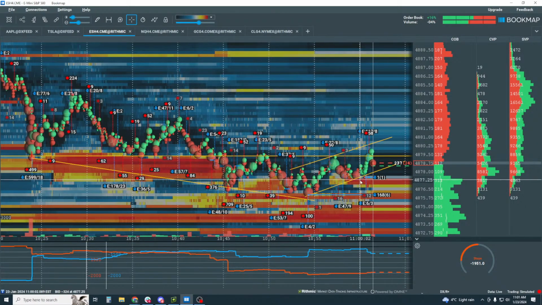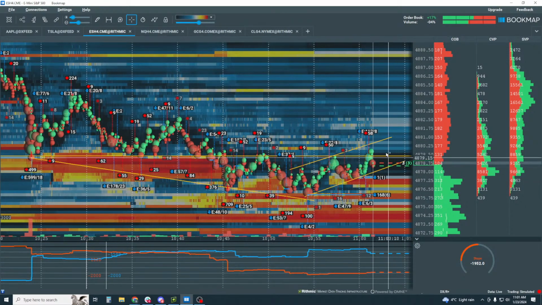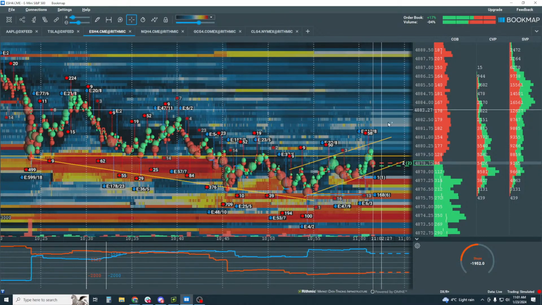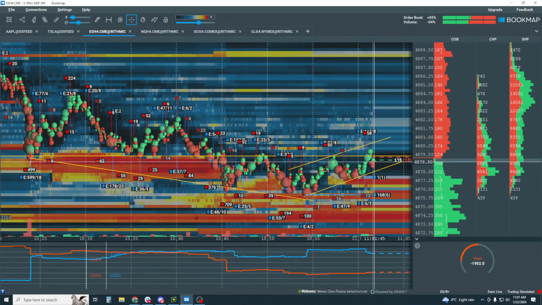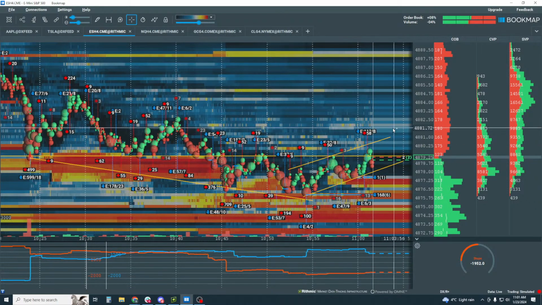So we don't want to get too far ahead of ourselves and think, oh wow, it's going to come up here into 85, 87. It will take a while.